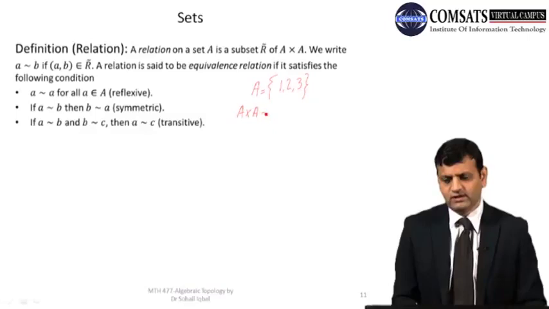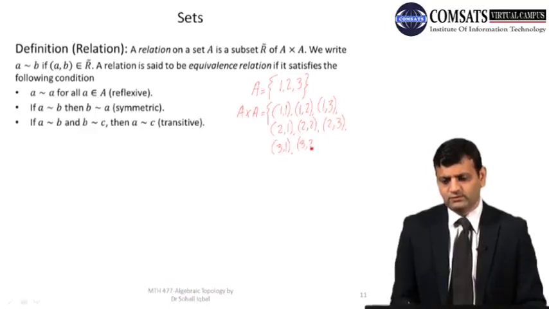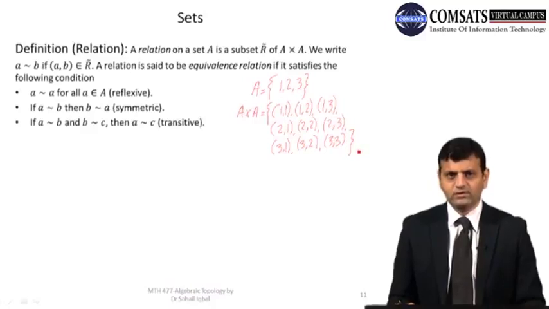The set A cross A is basically the collection of all ordered pairs (1,1), (1,2), (1,3), (2,1), (2,2), (2,3), (3,1), (3,2), and (3,3). As we can see, this is the set of all possible ordered pairs with the first element belonging to A and the second element also belonging to A. So that's how we define A cross A.